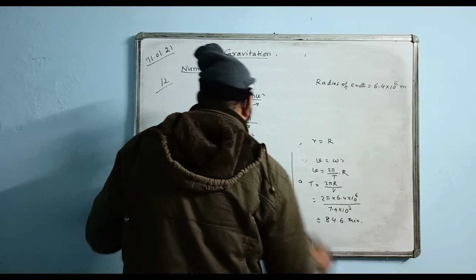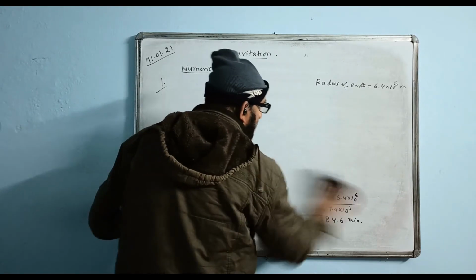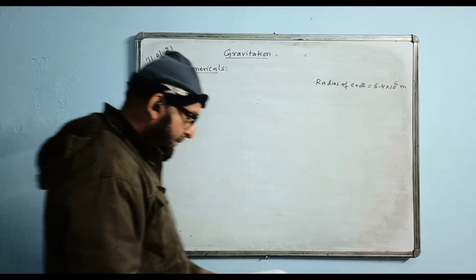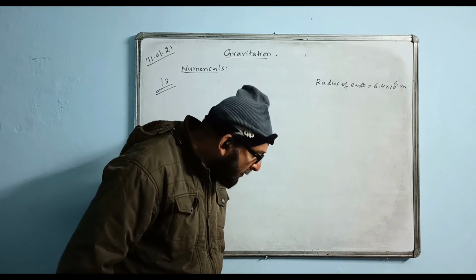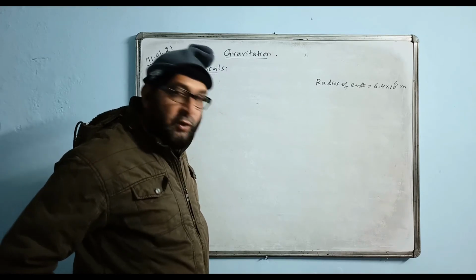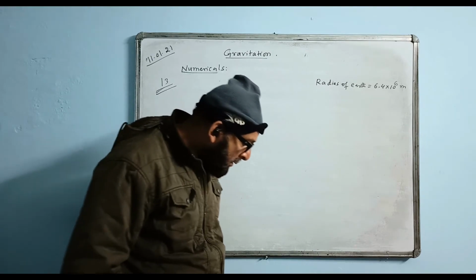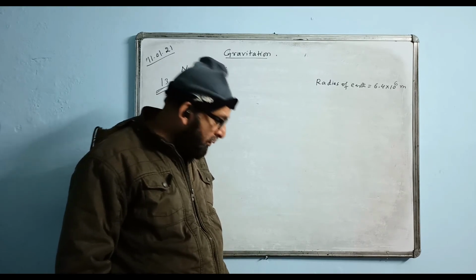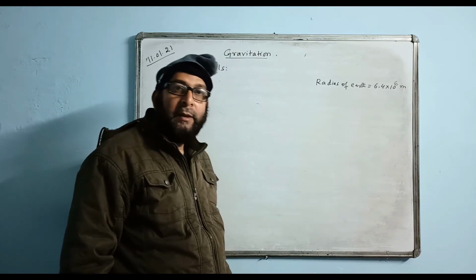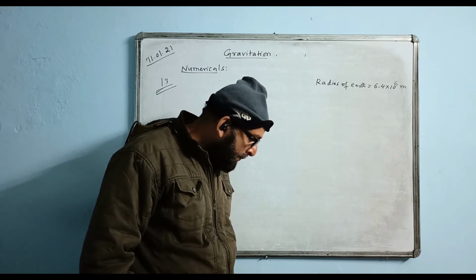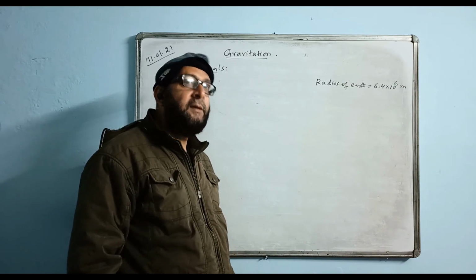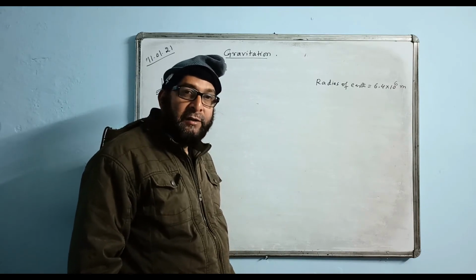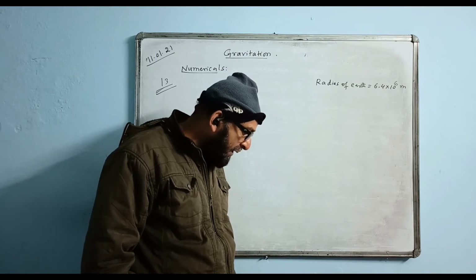Now we are doing question number 13. Question says find the velocity of projection of a body so that it may, number 1, revolve round the earth in a circular orbit near its surface, and number 2, just escape the gravitational field of the earth.